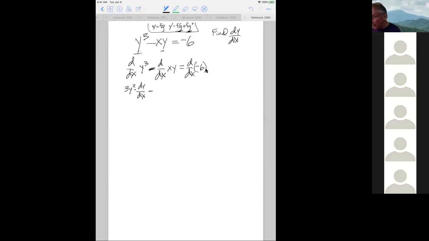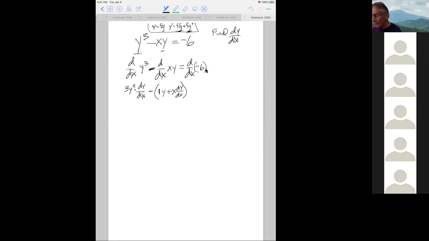Now the derivative of this next term, xy, is I take the derivative of the first, times the second. So the derivative of x is 1 times the second, which is y, plus I've got the first, which is x, times the derivative of the second, which is y. The derivative of y is 1 dy/dx.